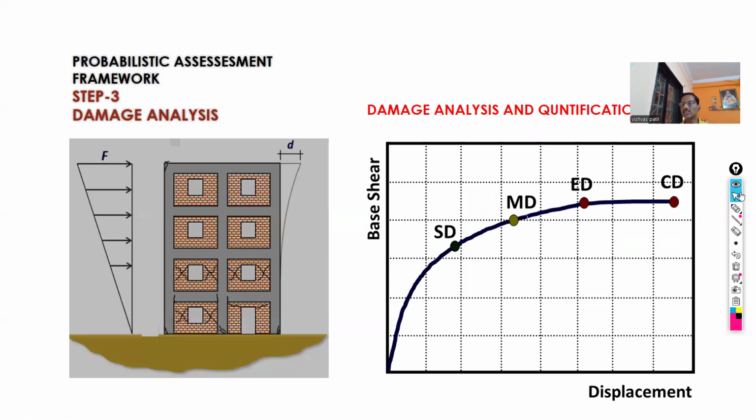Then once the analysis is over, there will be damages in the structure, and these damages should be quantified as well as defined. Different names are given, as I previously mentioned: slight damage, moderate damage, extensive damage, and complete damage.